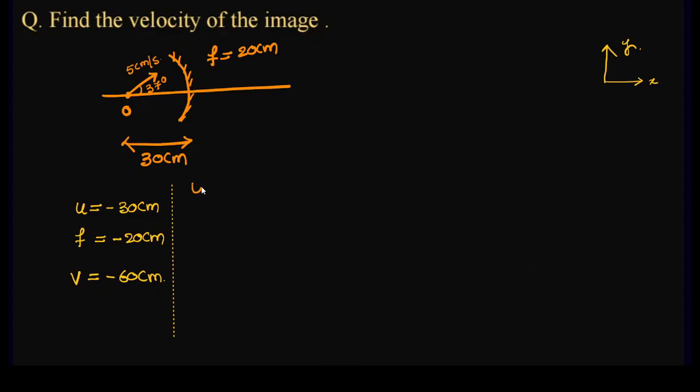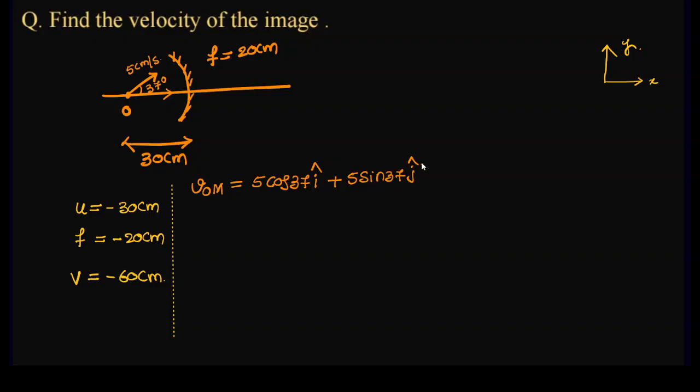Now this velocity of object, we can resolve into components. This is 5 into cos 37 into i cap plus 5 into sine 37 into j cap.